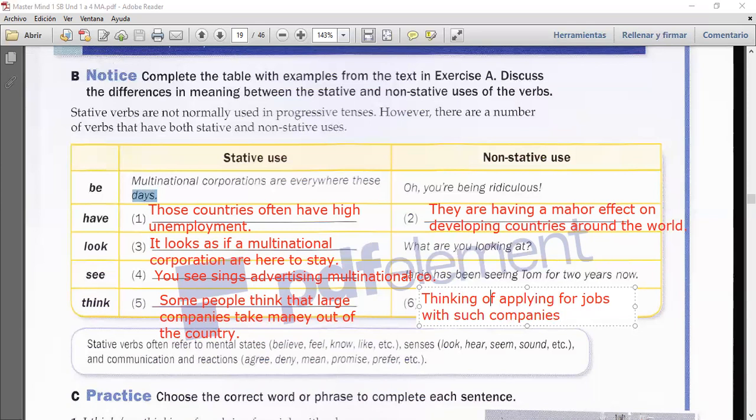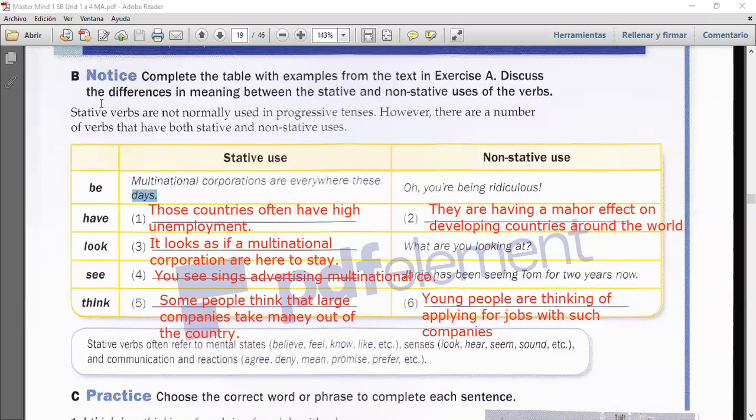Okay. Thinking of applying, but this thinking has a previous word that makes it progressive. Young people are thinking. Good.